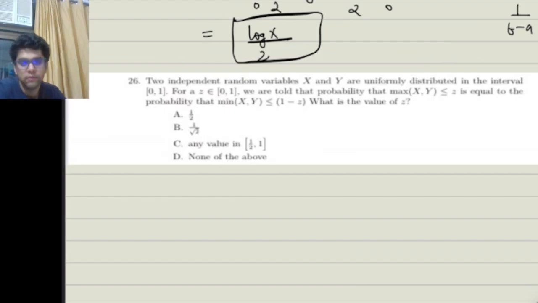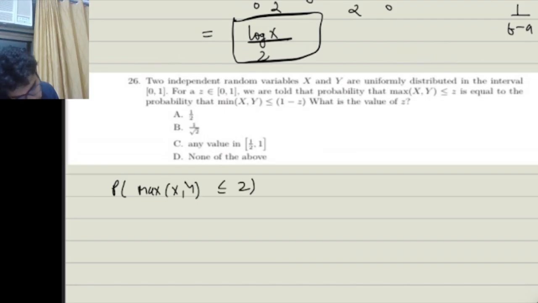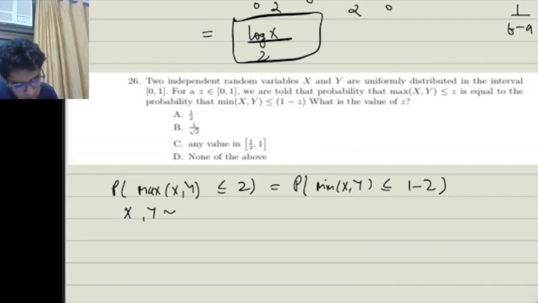What is the value of z, right? So they're telling us that the probability of the max of x comma y less than or equal to z is equal to the probability of min of x comma y less than or equal to 1 minus z, where x comma y are independent random variables uniformly distributed between 0 to 1, and z belongs to 0 to 1. We need to find the value of z.